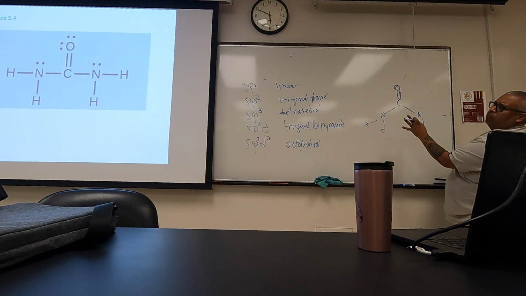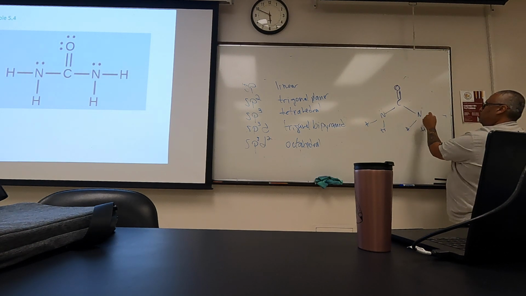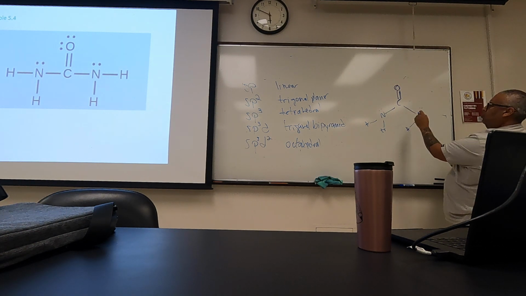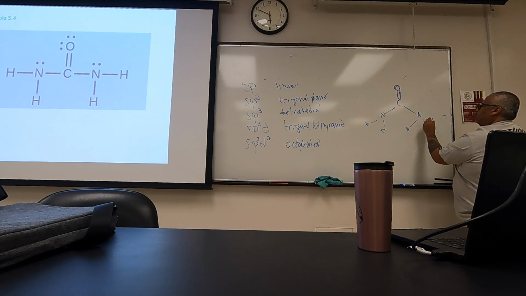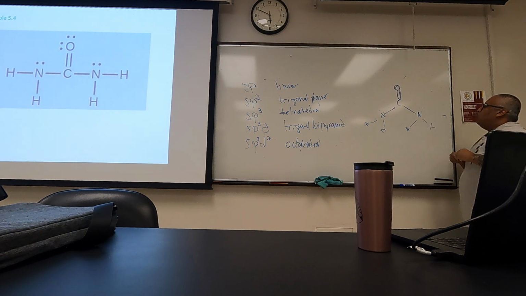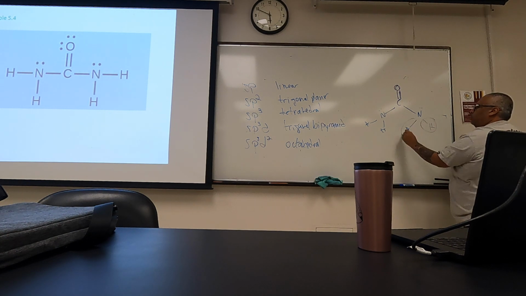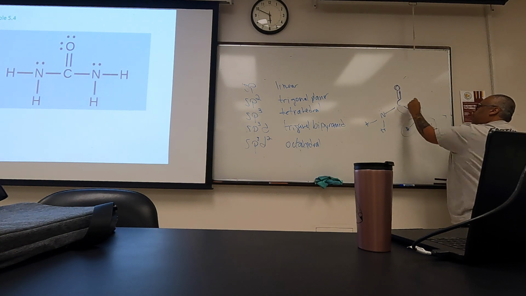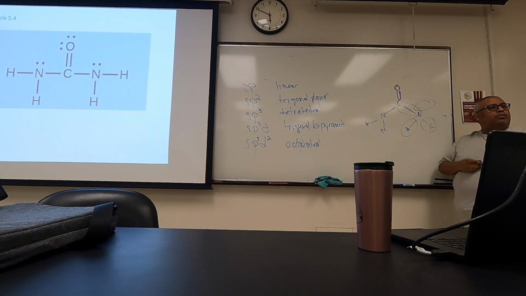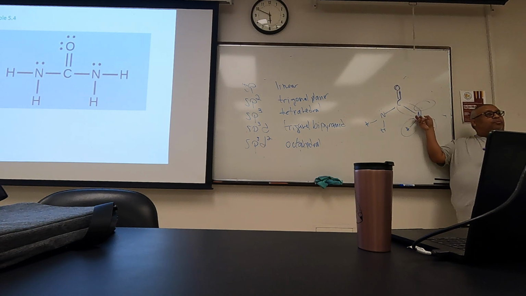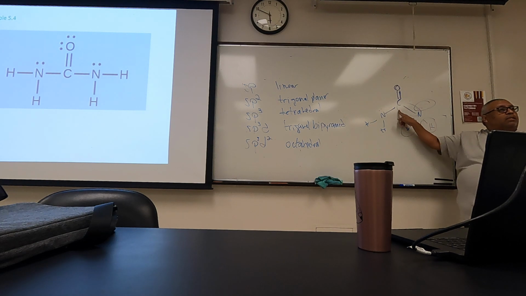Versus, let's see, 1, 2. Let me put this out just a little bit more here. And what would the hybridization be here? 1 hybridized orbital, 2 hybridized orbitals, 3 hybridized orbitals, 4 hybridized orbitals. sp3, so this is sp3 hybridization, while this one is sp2.